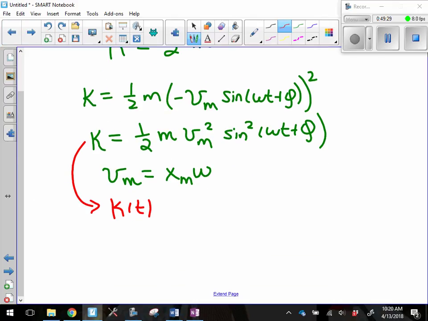So K of t then is going to be 1/2 m omega squared x_m squared times sine squared(omega t plus phi). Okay, just substituting stuff in.